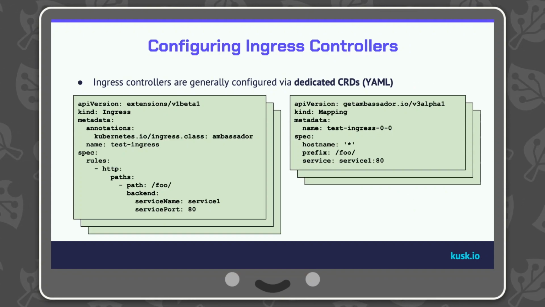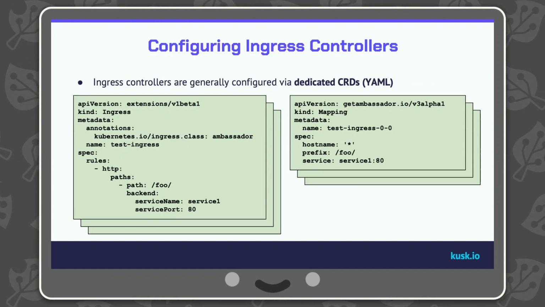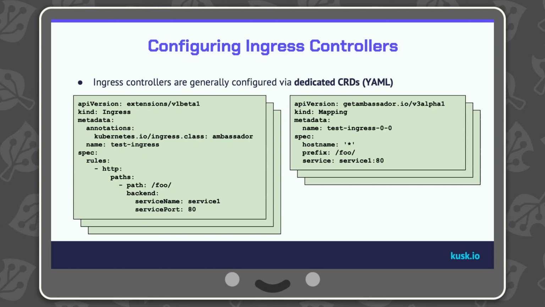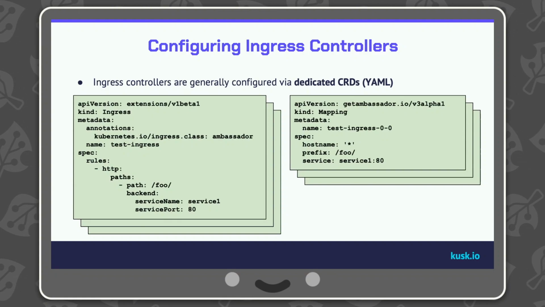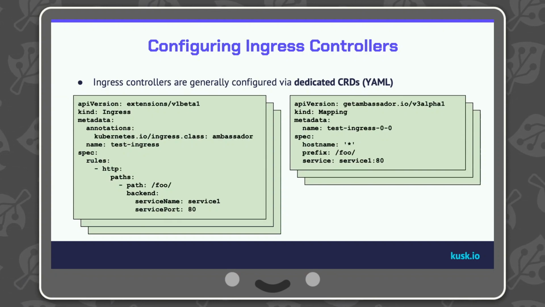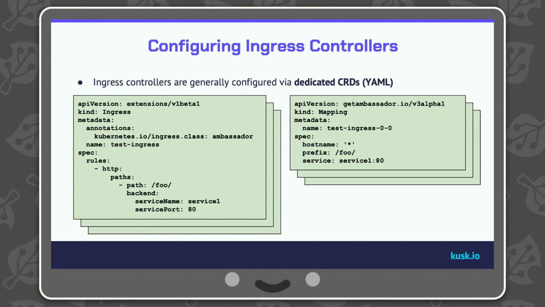And the way to configure that ingress at the moment is, as we said before, through the ingress object that Kubernetes gives you. And so on the left side, you can see what that configuration looks like. But the ingress object was a little basic.